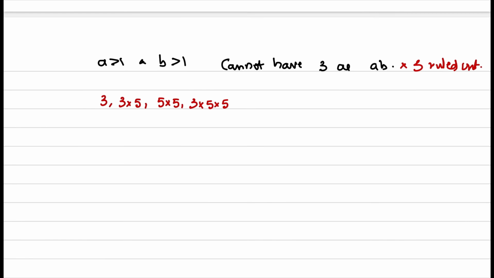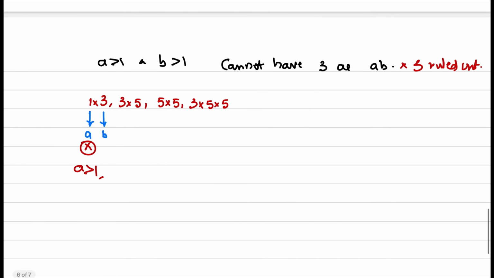Now, either way this can be 5 into 3 or 3 into 5, A and B being arbitrary numbers. We can even say 3 is 1 into 3, so this can be A and this can be B. But this is not acceptable because A should be greater than 1 and B should be greater than 1.